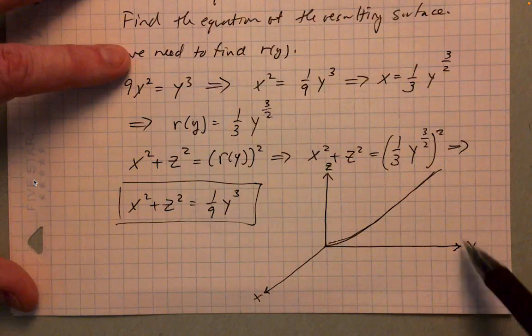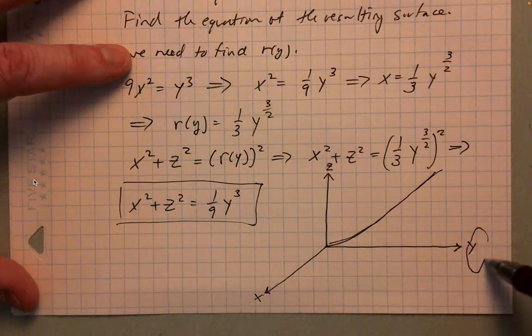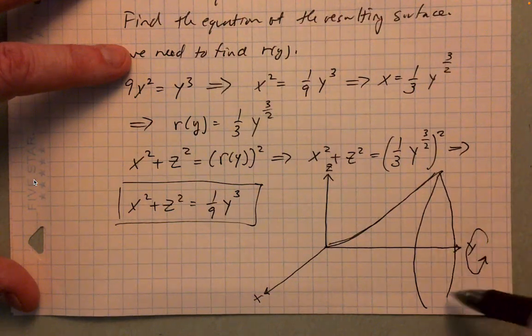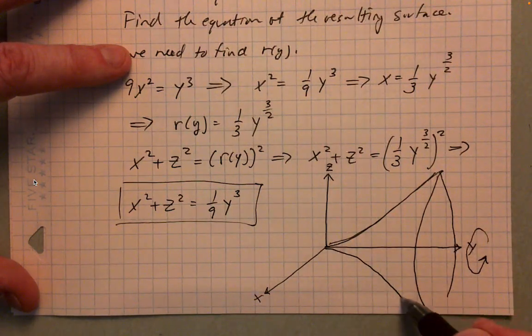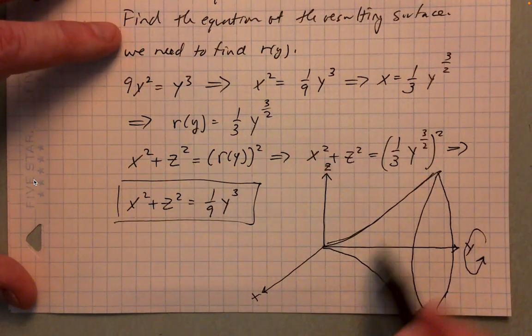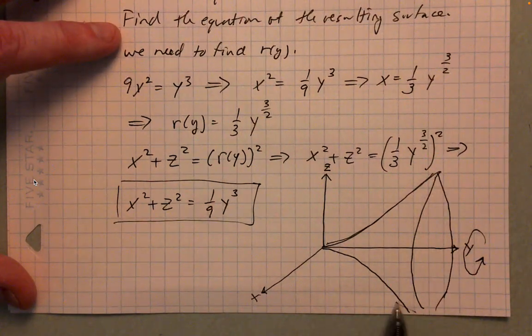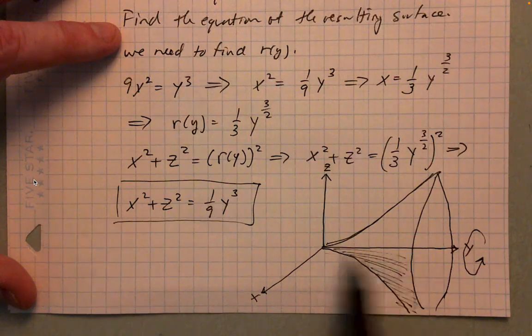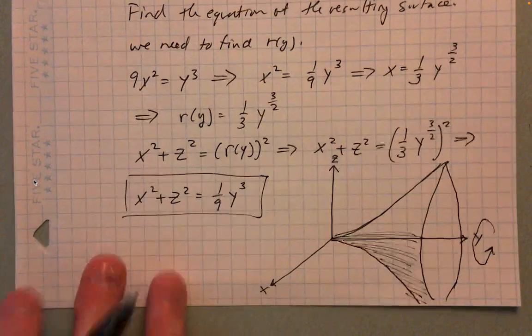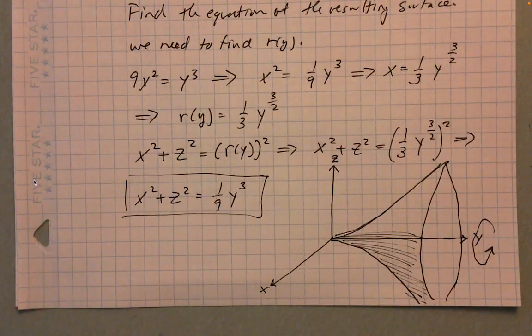And when I rotate it around the y-axis like this, I'm going to get this nice big almost horn kind of shape. So it's going to look like that. It's got some dimensions to it. It's three-dimensional, but that's more or less what it looks like.